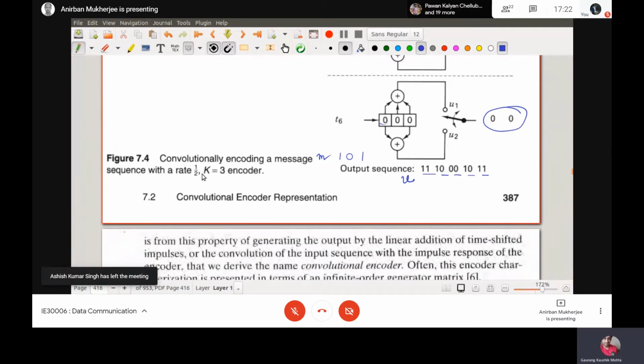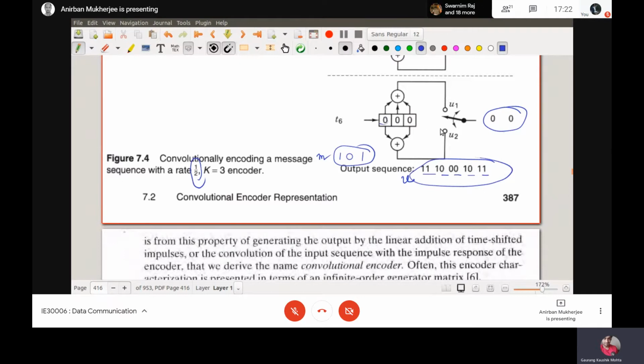Now this is called rate half, and K equal to 3. That means the length is 3, and for each one message bit you are getting U1 and U2. That's why the rate is half. Please remember, if this is 3, this is not 6. The length of the message is 3, but the length of the code bits is not 6.